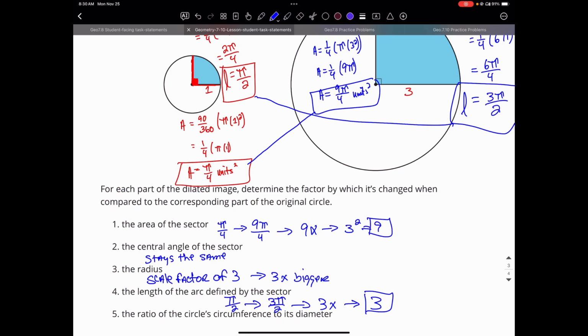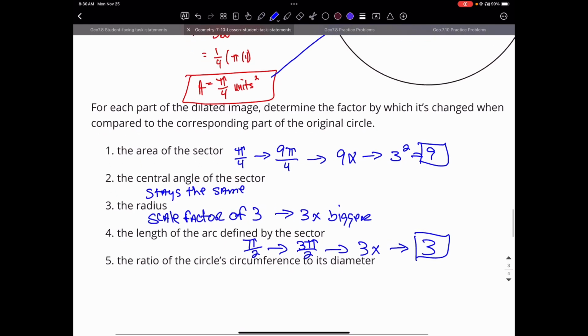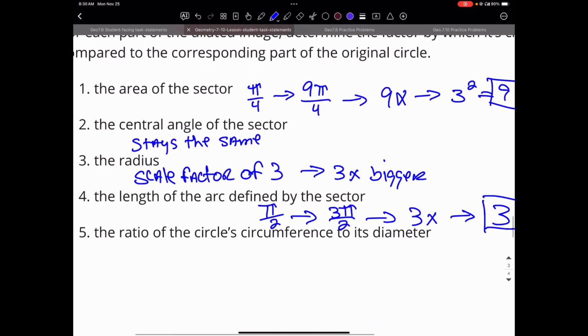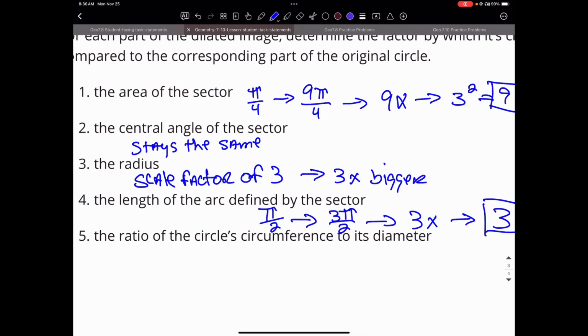Now, the last question. Oh man, this is a good one. I'm going to zoom in so you can see it. Let's look at this question. The ratio of the circle's circumference to its diameter. The ratio of the circumference to its diameter.